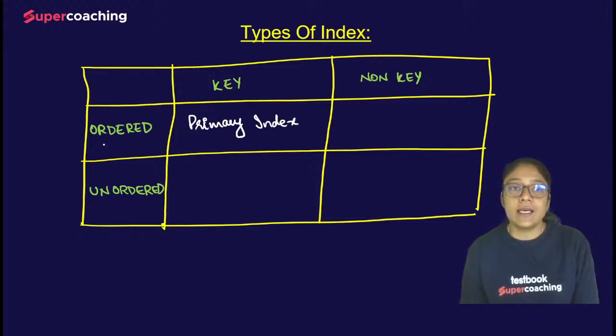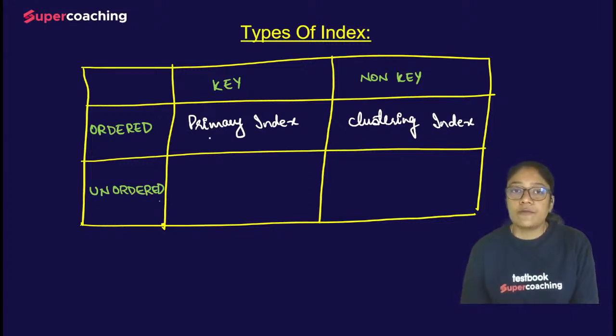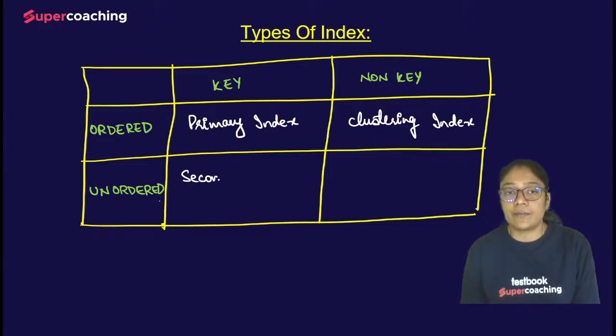If the file is ordered and we have a non-key, then in that case, clustering index will be constructed over the database file. If it is unordered file, doesn't matter whether the search key field is a key field or non-key field, secondary index is created.